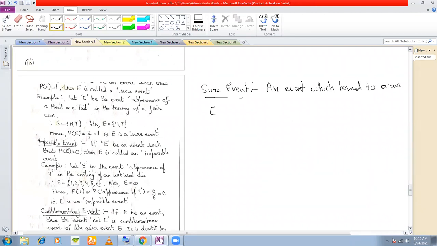Okay. Example. Suppose I'm tossing a coin. The sample space is H, T, right?